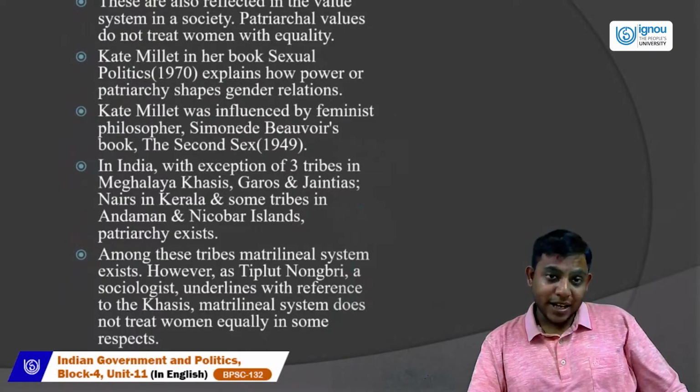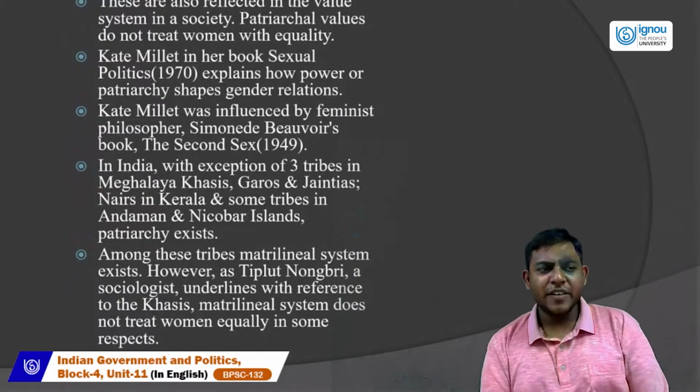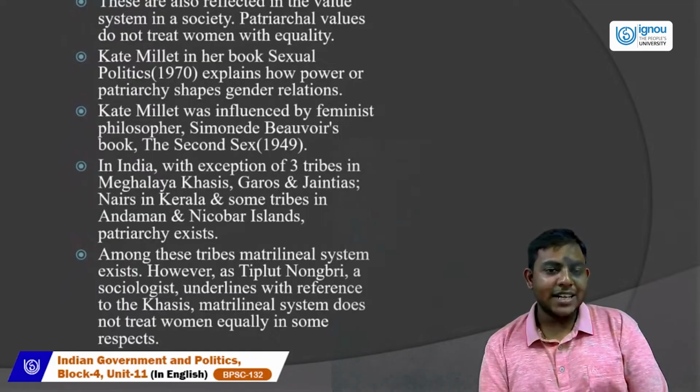So Kate Millett, the famous feminist scholar who wrote her book Sexual Politics in 1970, explains how power or patriarchy shapes gender relations. And Kate Millett was influenced by the feminist philosopher Simone de Beauvoir and her work The Second Sex, which was released in 1949.